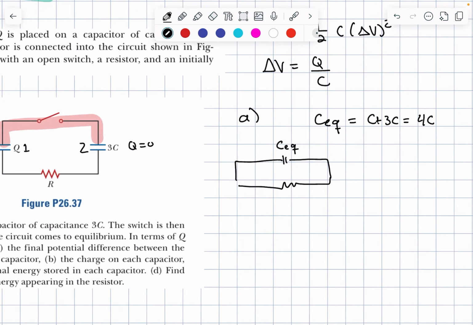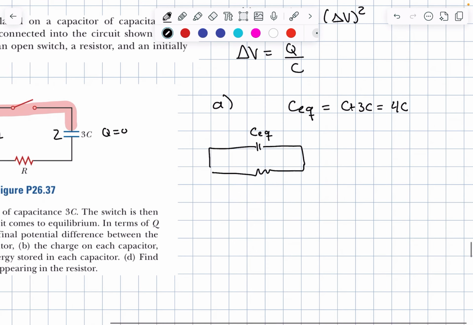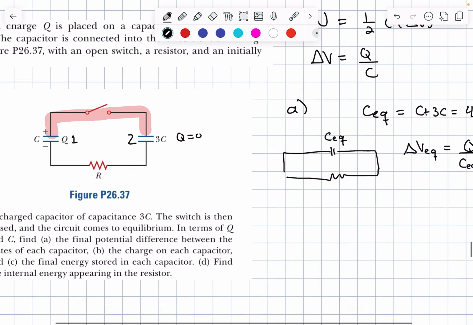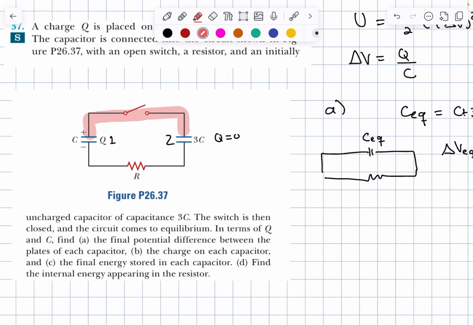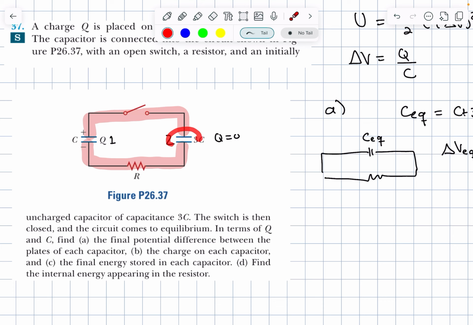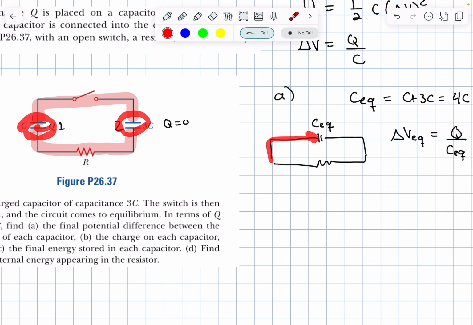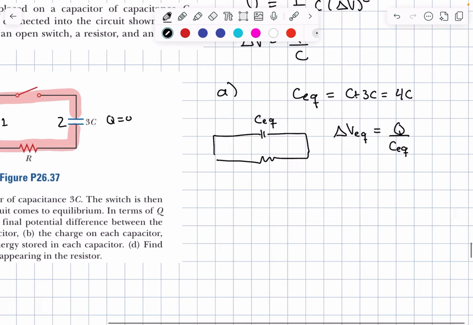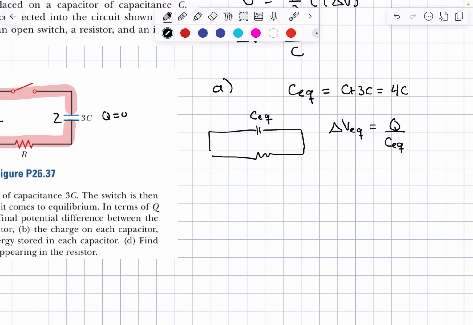We also know that we can calculate delta V equivalent as Q divided by C equivalent. Now, the reason why we can do this is because we know that there's a total amount of charge Q in the system. Like Q is just going around. Sure, there's going to be some amount on this one and some amount on this one, but the equivalent capacitor is going to hold all the charge Q. So we write this out like so, and C equivalent is just 4C, so we get this.